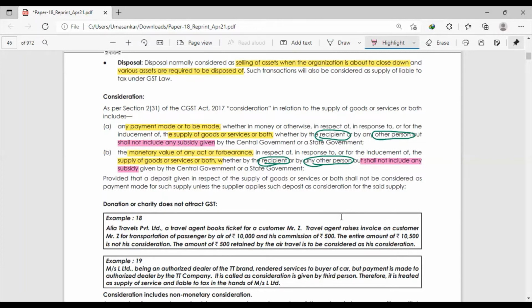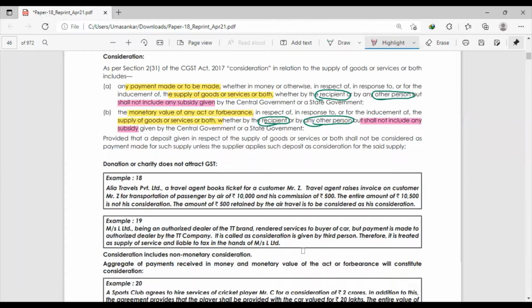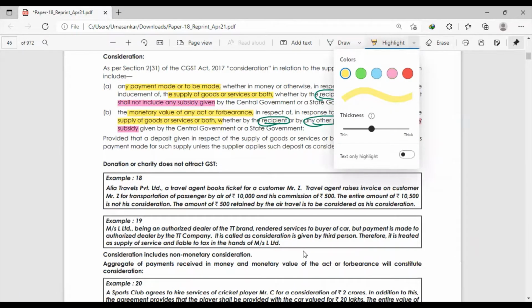Next, suppose you are giving any deposit or advance. How will you treat the deposit amount or advance or security money?